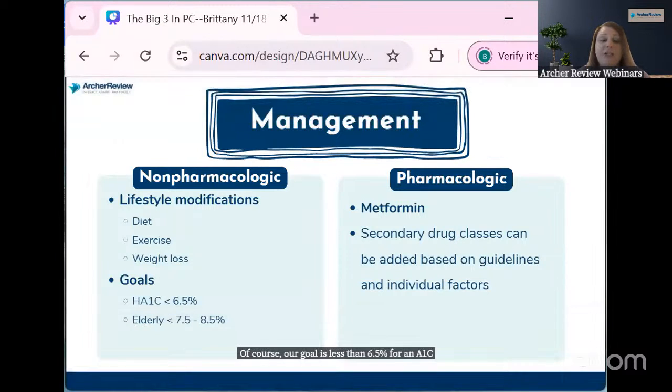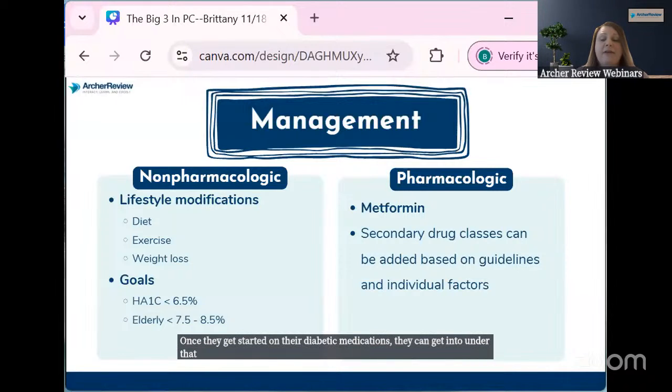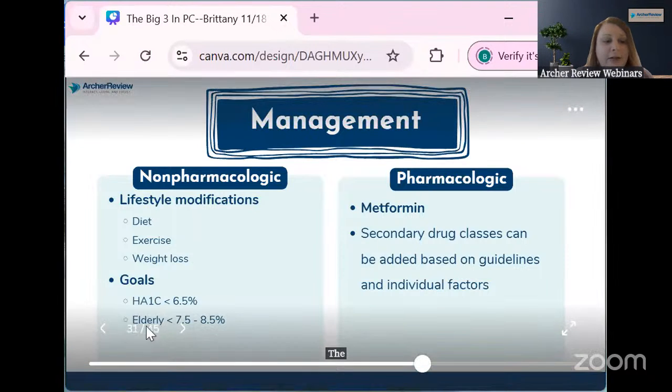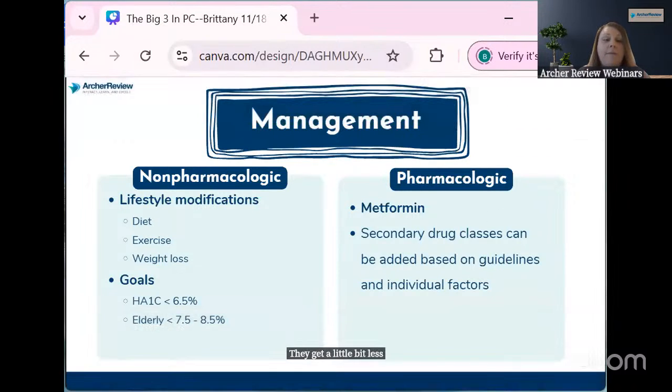I have several patients that once they get started on their diabetic medications, they can get under that 7 or 6.5 and kind of get their A1C marching in the right direction. The one pass I will say here is in our elderly patients. They get a little bit less strict goal for blood sugars, because again, we don't want to have them having hypoglycemia, right?